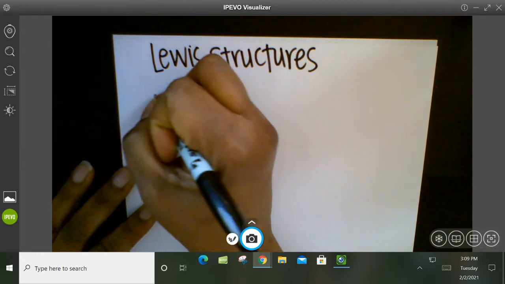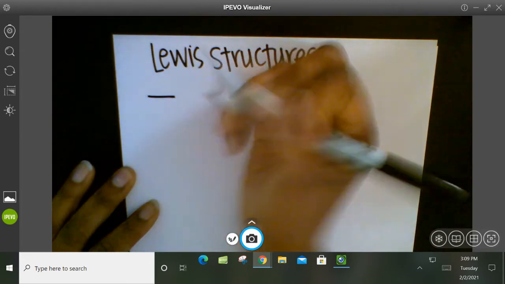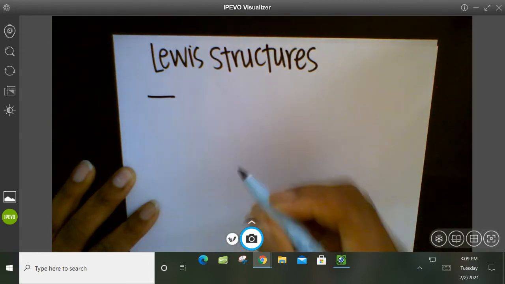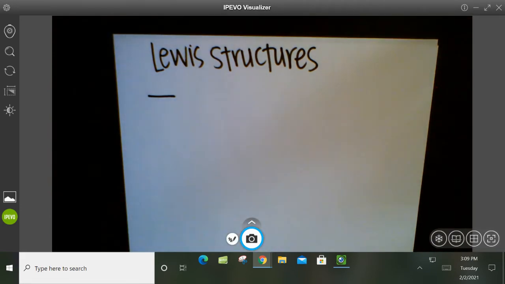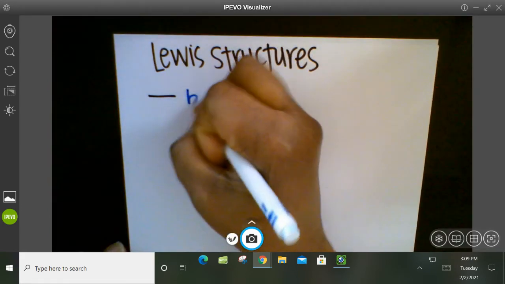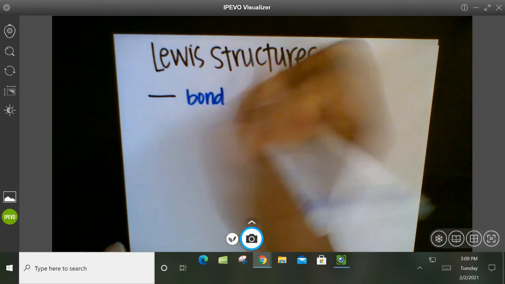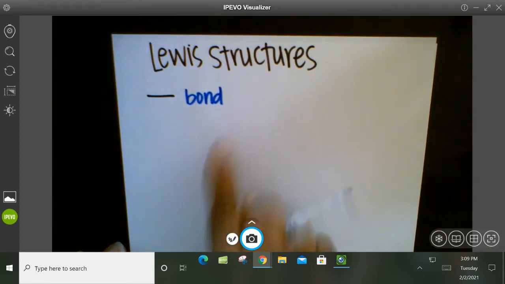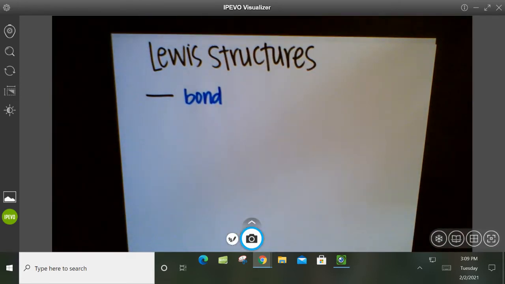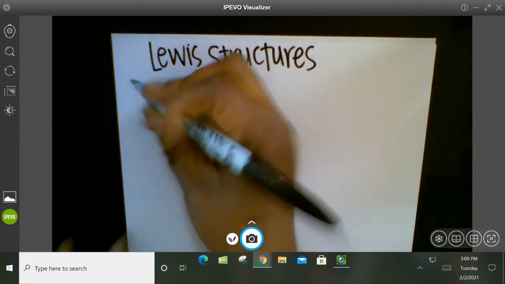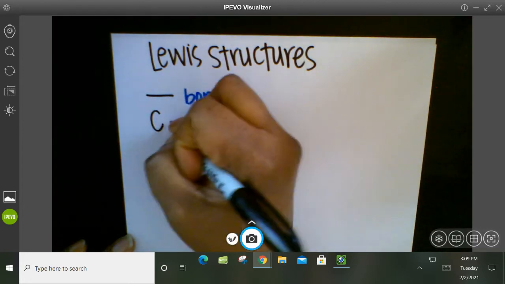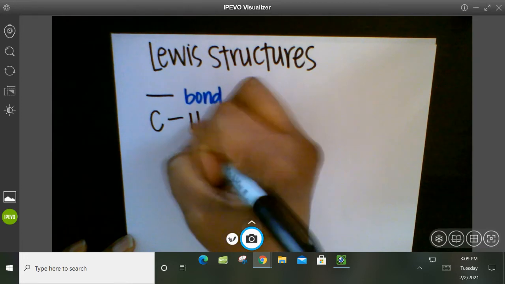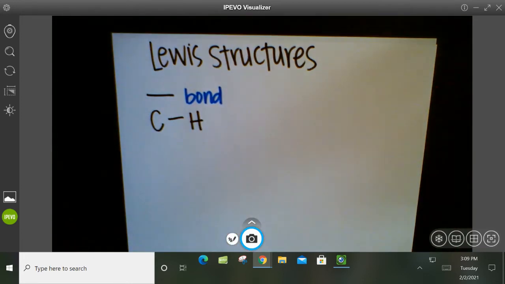So the first way, we have a dash, okay, and this represents a bond, okay, and so the dash is going to be between two different elements. So, for example, like CH. Okay, so we'll put a dash saying that these are connected to each other, and so that's representing a bond.